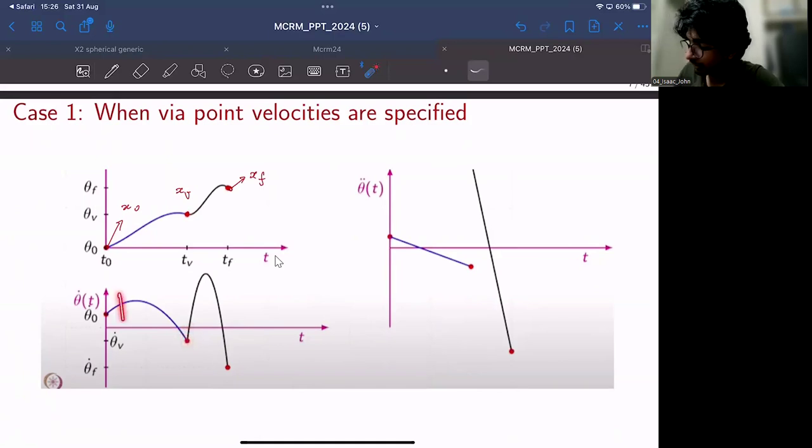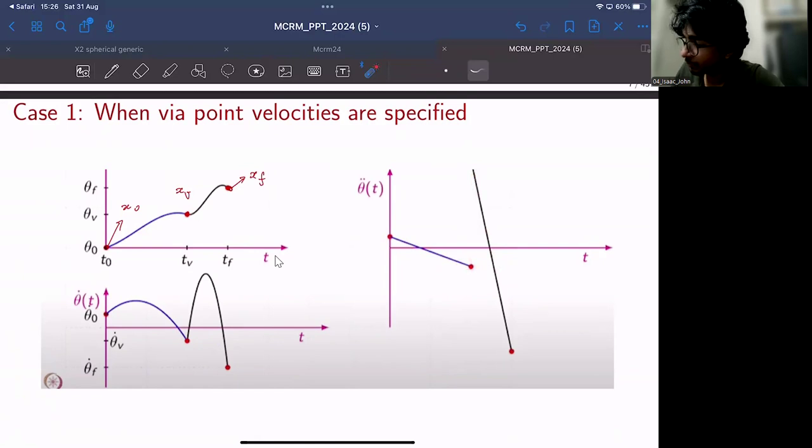And again, if you further differentiate these two curves or these two equations and plot it, this is what you get. Two straight lines with a finite, or a huge, jump in between at the transition point.